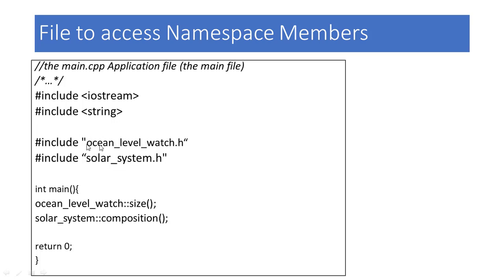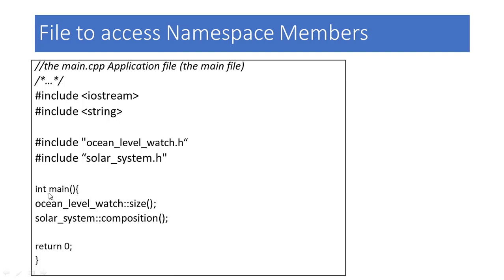What that means is we are adding this header file, which was one of the files in the previous slides. Again, we are also including this one to our application, include "solar_system.h". They are both header files and they are inside double quotation marks. The reason we put them inside double quotation marks is that they are files or libraries we are including. They are not part of the standard C++ libraries.